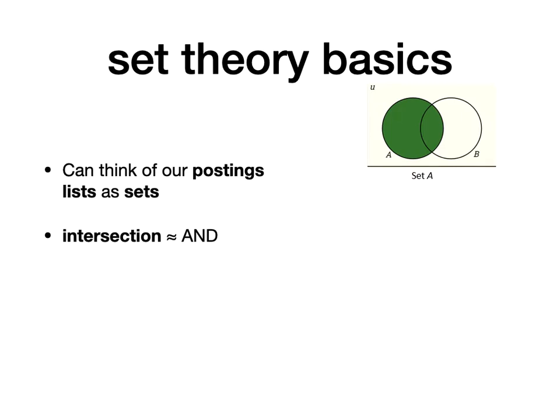This is the same as AND. So for two terms that have a different set of documents associated with them, set A and set B, the intersection would be only the overlapping documents we would pull out. This is the fundamental process of processing a query. Usually we're looking for AND.